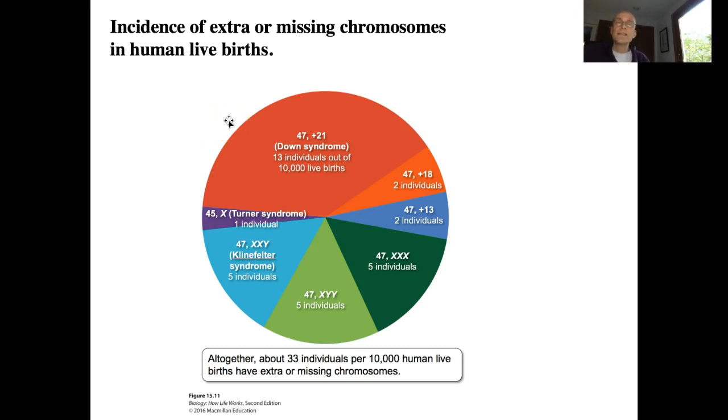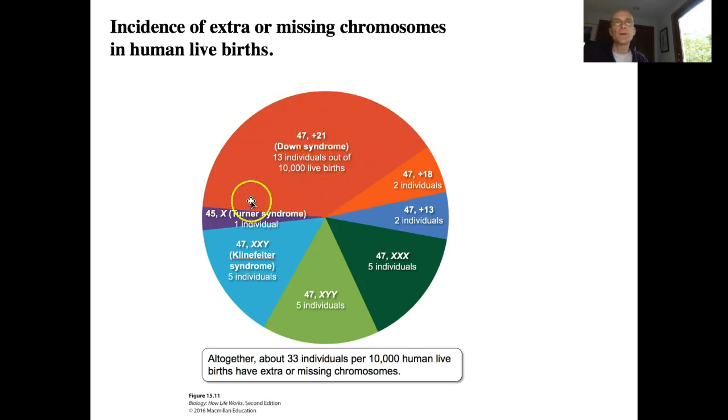But there are some chromosomal differences that can lead to live births, and this is what's shown here. So in the cases where extra or missing chromosomes do not result in spontaneous abortion, but in a live birth, then those live births are most likely to have a chromosomal abnormality of an extra 21, an extra chromosome number 21.